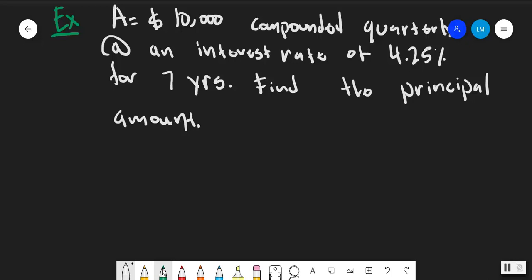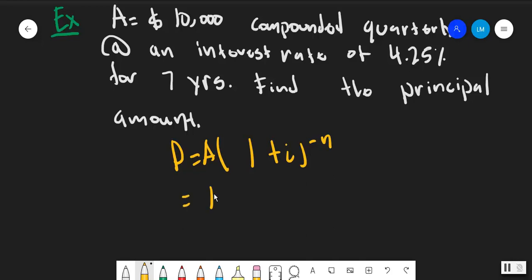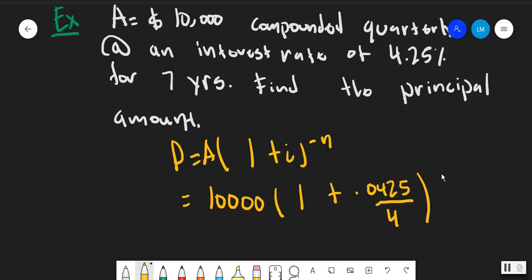Okay, so here we just use that P is equal to A times 1 plus I raised to the negative n. So here we know that 10,000 is to be earned. 1 plus 0.0425 divided by, well, it's quarterly, so that's going to be 4, raised to the negative, really it's negative 4 times 7.